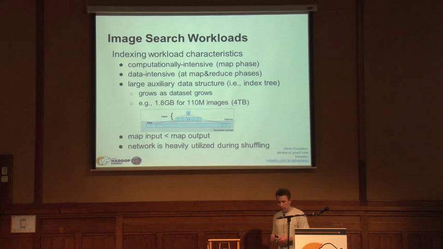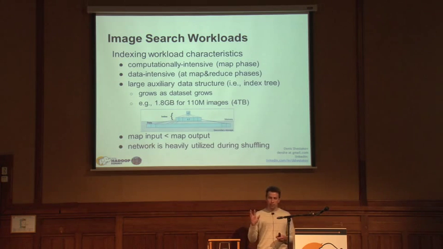Then here are maybe more details about the Hadoop workloads that we worked with. Like I said, this image search process is divided into two phases: image indexing and image searching, right? The indexing workload is quite atypical.